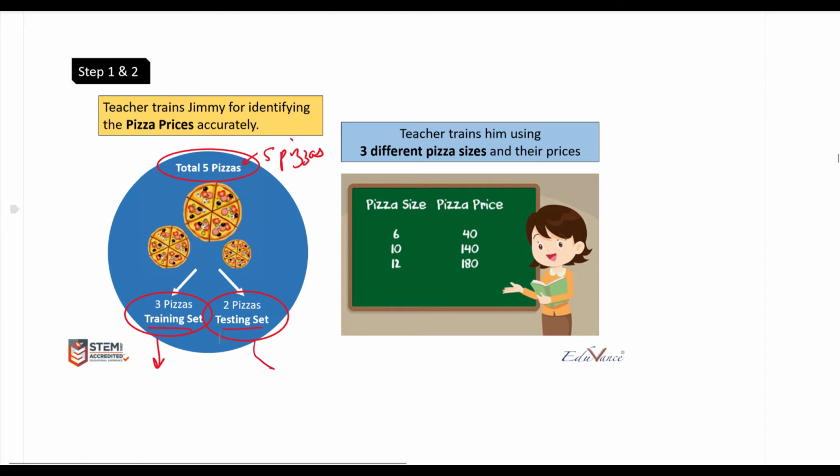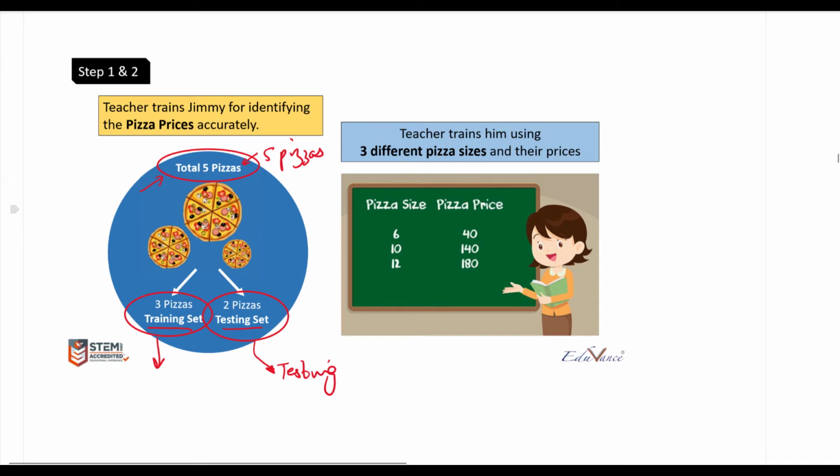And the result table is built on the testing set. I'm just trying to revise your memory so that we are able to understand all the concepts and remember them. So now here, she takes 5 pizzas and she decides to train Jimmy on 3.